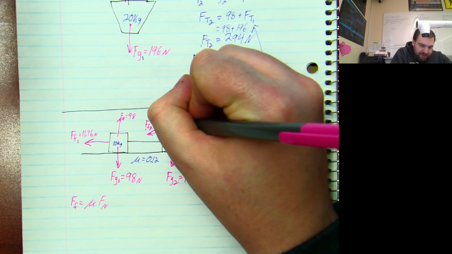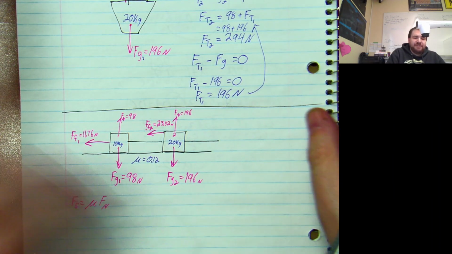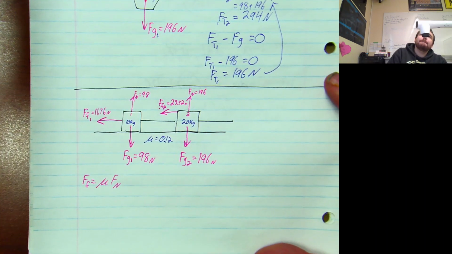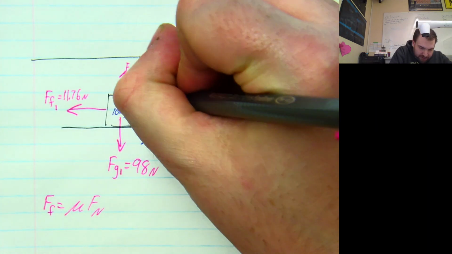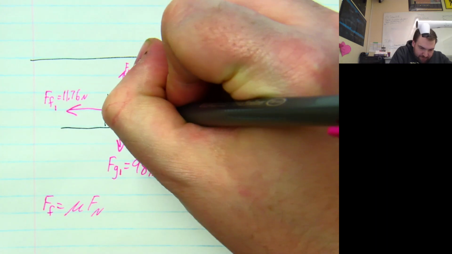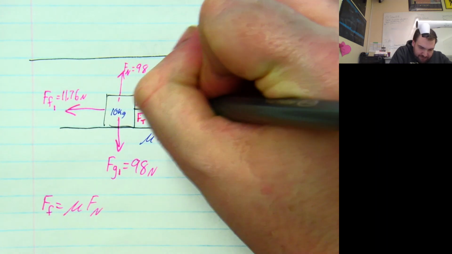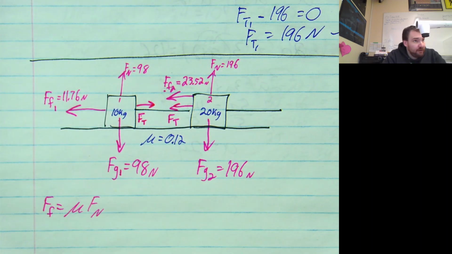23.52. Love it. What other forces are acting on these objects? Tension in the middle of the two blocks. So I'm going to call this force of tension, and I'm going to call this guy force of tension. They are the same because it is the same rope. And I'm not going to call that tension.